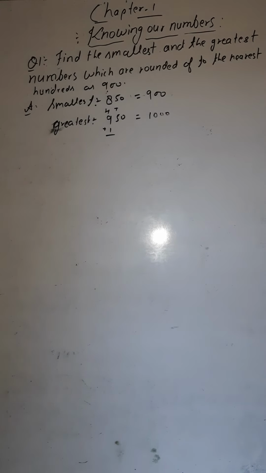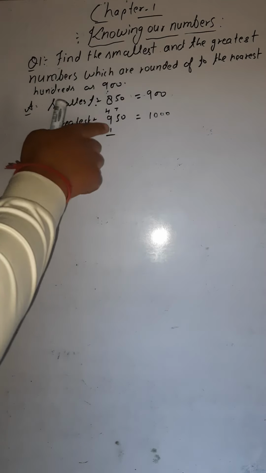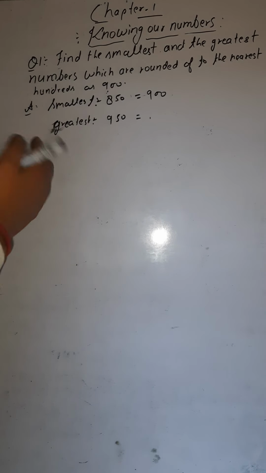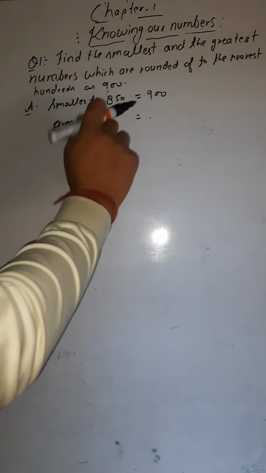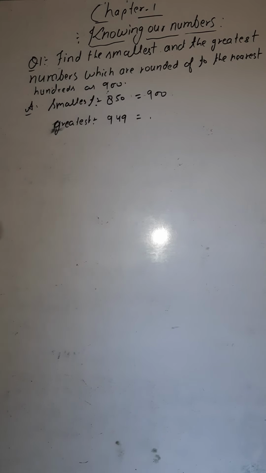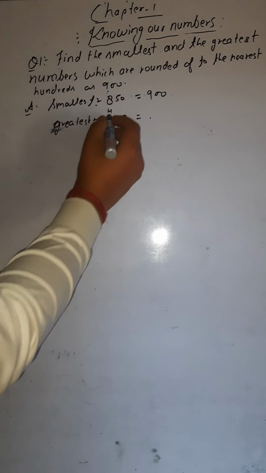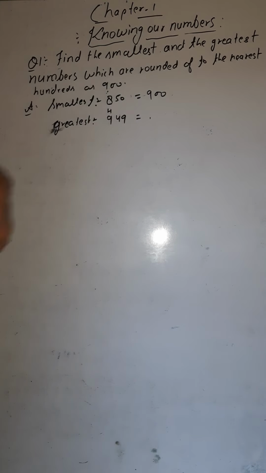So the answer is coming 1000. The answer should be 900, but it is coming 1000. So we would not take that number, 950. I would take the number which is just less than 950, and that number is 949. Now check this number and round it off to its nearest 100. The hundreds place is 9, and the tens place is 4.